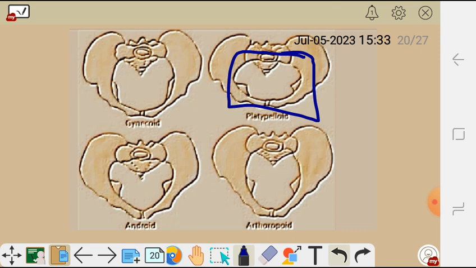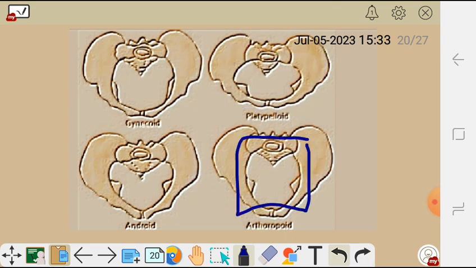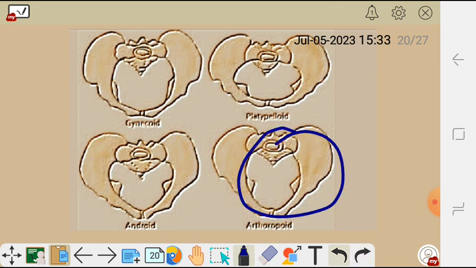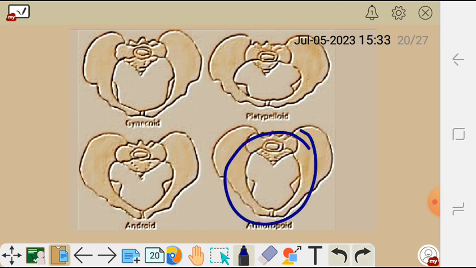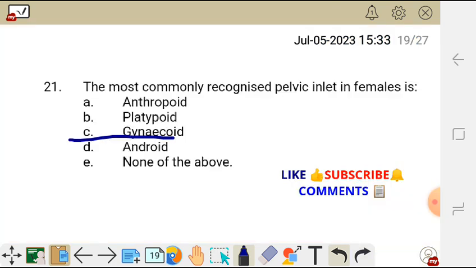And this one is mostly found in tall people, and birth may be possible but with some difficulties as well. Okay, so the anthropoid one is found in tall people. So the correct answer for question 21 is C.